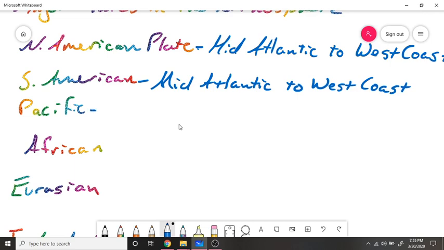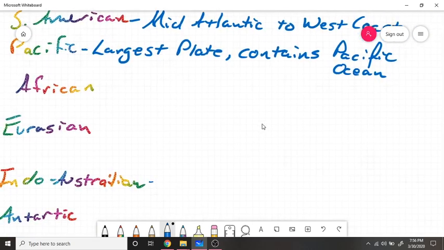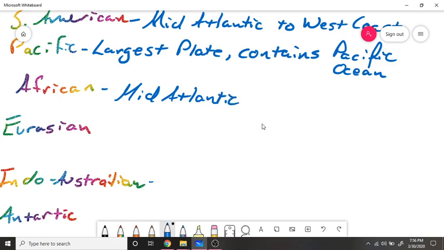The Pacific plate is the largest plate and it contains the entire Pacific Ocean. The African plate starts at the Mid-Atlantic Ridge and goes to Africa's east coast.